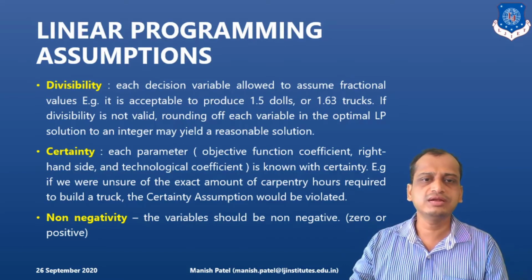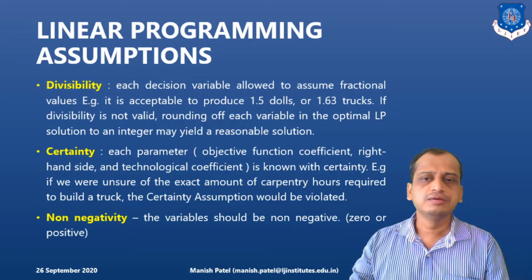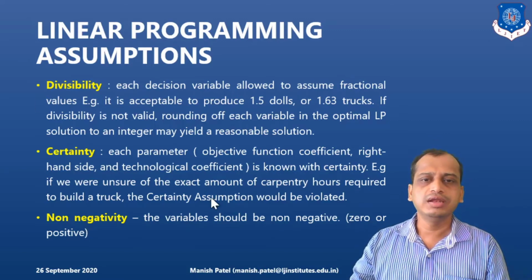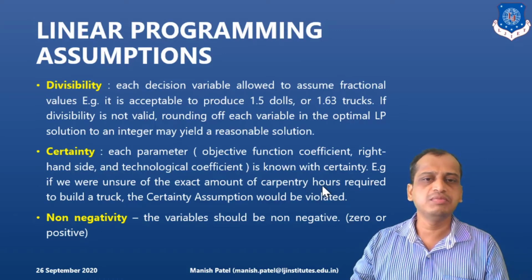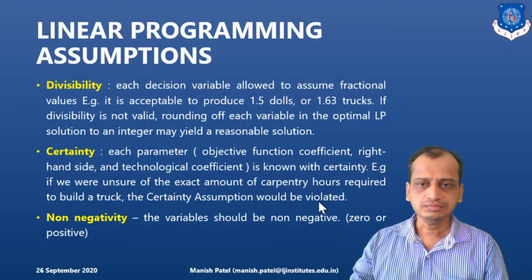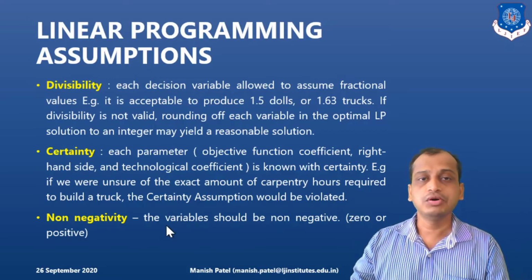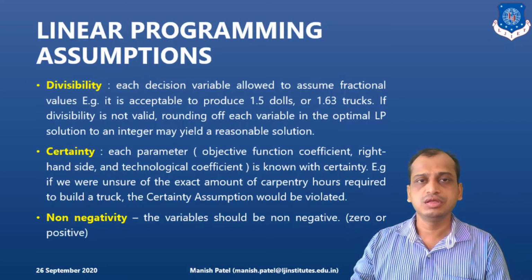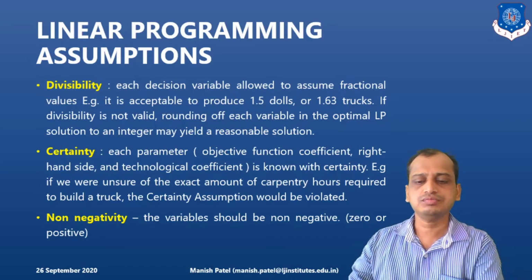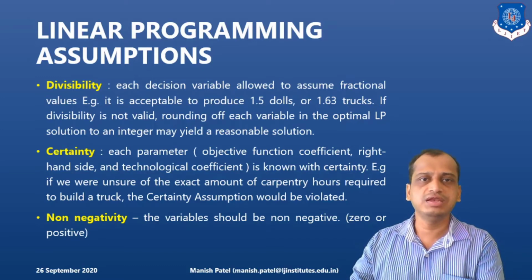So certainty is also there. Clear? And here it is also written that if the exact amount of carpentry hours required to build a truck is not known, the certainty assumption would be violated. Clear? Non-negativity, positive or 0, but it cannot go into the negative zone. That is the case with the decision variables, which we have assumed beforehand. That is what we will be finding out when we solve the example.